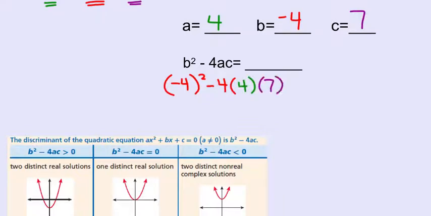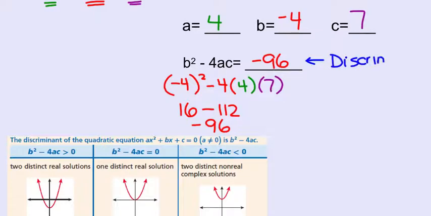Now let's simplify that. -4 times -4, a negative times a negative, is +16, minus 4 times 7 gives you 112. Now subtract it. 16 minus 112 is -96. So there is our answer, -96. That is your discriminant.